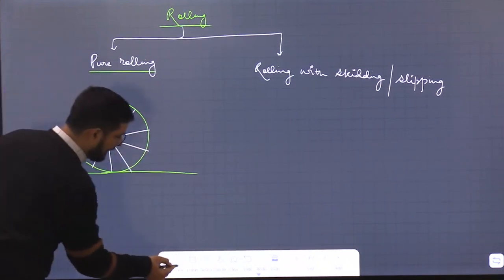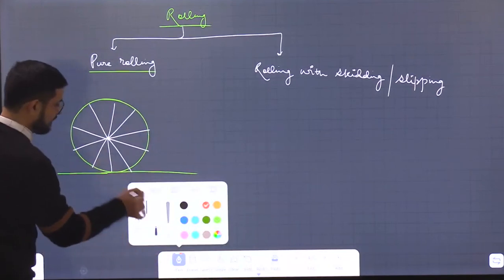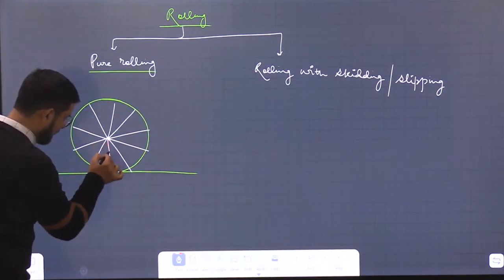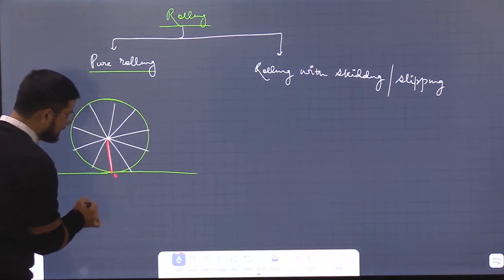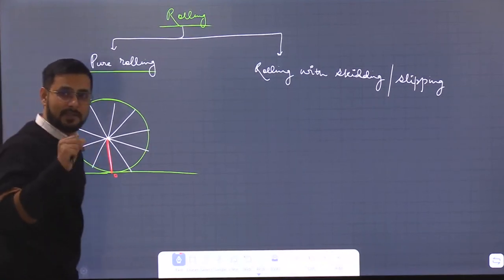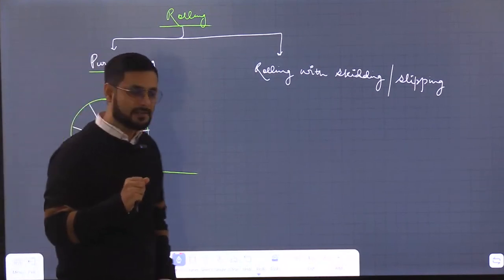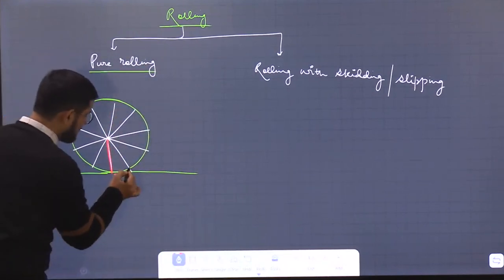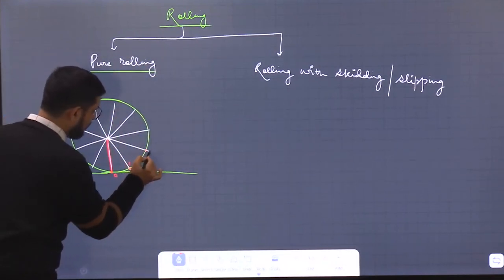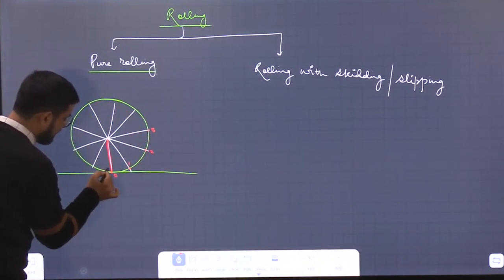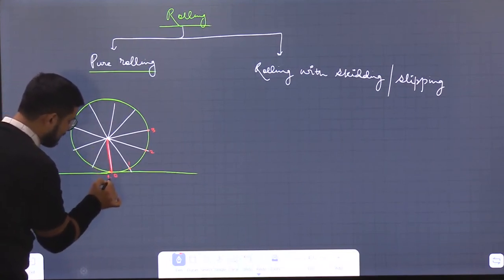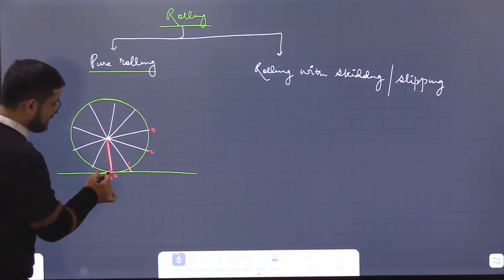And I can paint one of the spokes in red color, and mark it as point 0, lying on the periphery of the wheel. This is point number 1, point number 2, 3. In continuity, let the point just before it be point number 10.